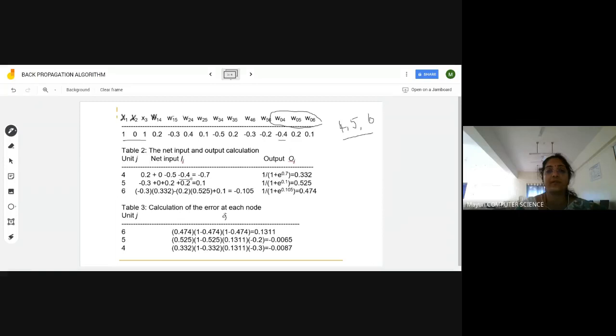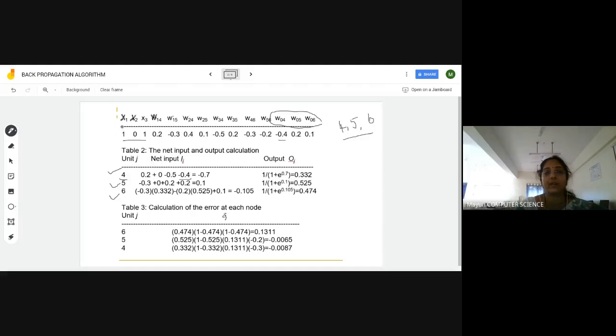See, 4 is a hidden layer neuron, 5 is also a hidden layer neuron, and 6 is your output layer neuron. But in all these units, I'm calculating output. So what is the value of output 4?